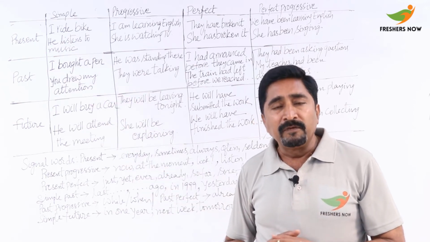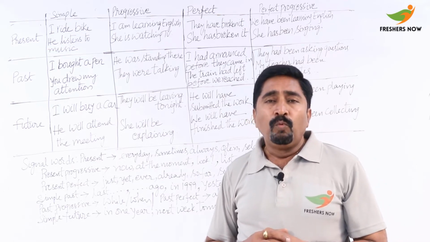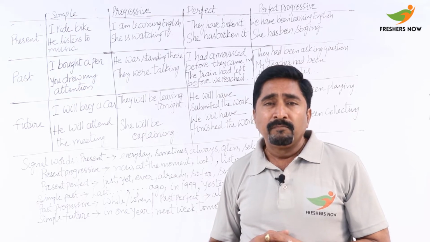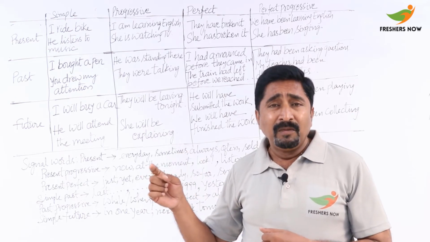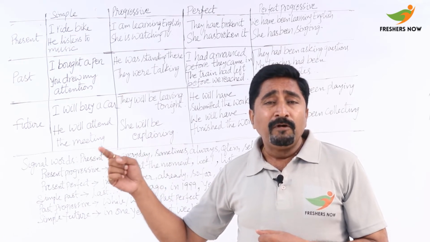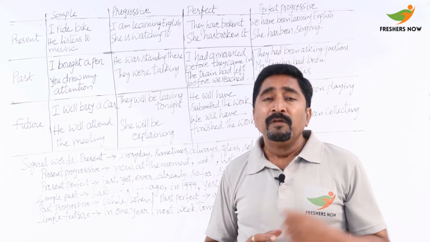For example, I say, John will have been working for 25 years by the time he retires in the month of January. Now you understand here.